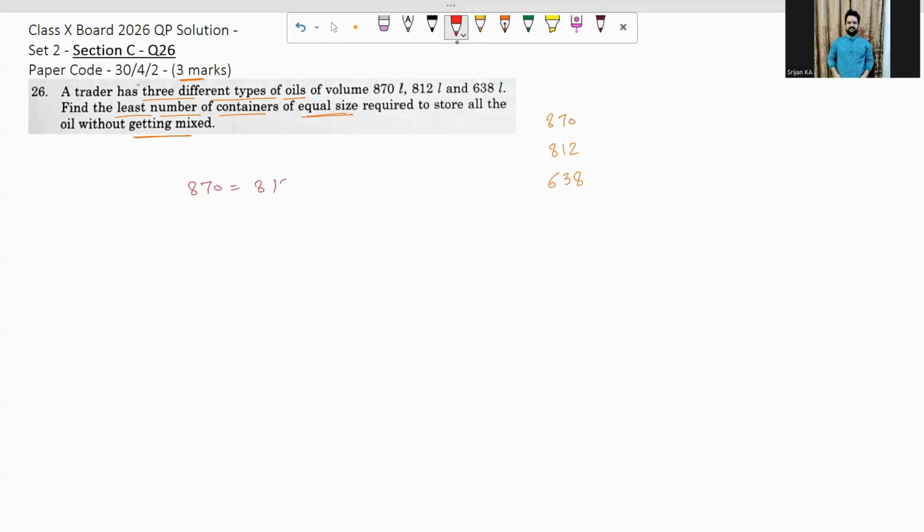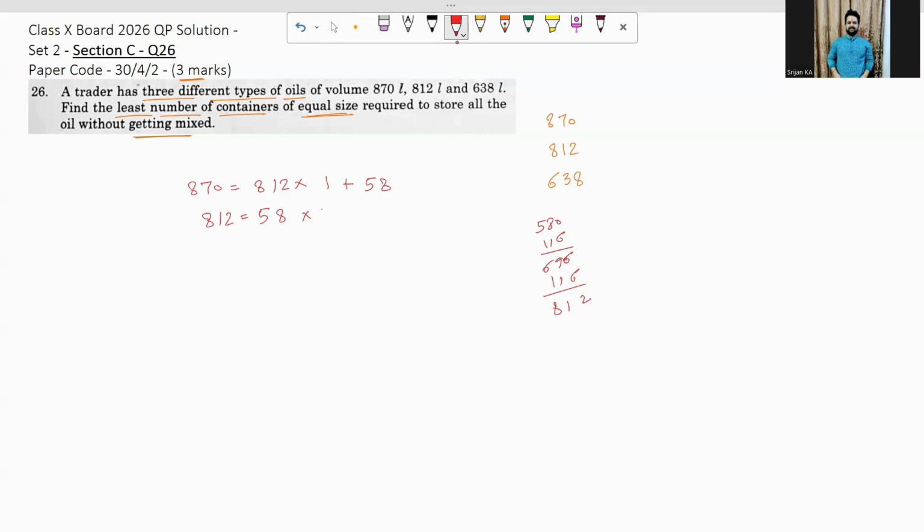870 is equal to 812 into 1 plus what remains, 58. Then 812 is equal to 58 into what? 10 times is 580, 2 times is 116. 580 plus 116 is 696, 696 plus 116 is 812.